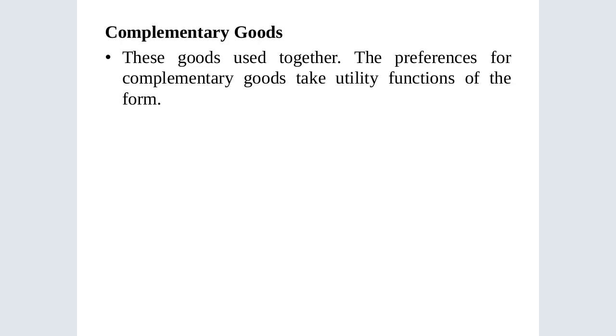The utility maximization problem requires you to formulate a budget constraint and also to have a utility function. So you will maximize the utility function subject to the budget constraint. The next step will be deriving the consumer demand functions.